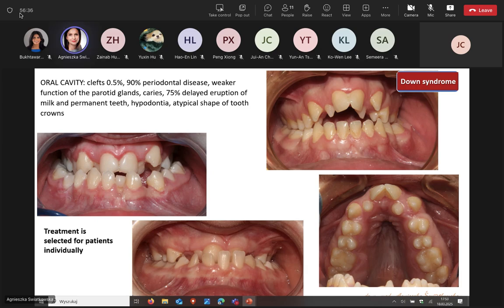We can observe clefts. Very, very often, 90% of patients have periodontal diseases. This is also connected with weaker function of the parotid glands and breathing through the mouth. We observe caries very often. 75% of these persons have delayed eruption of the milk and permanent teeth.